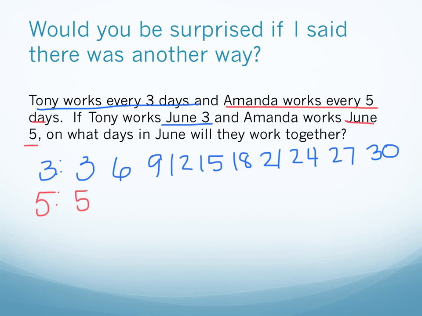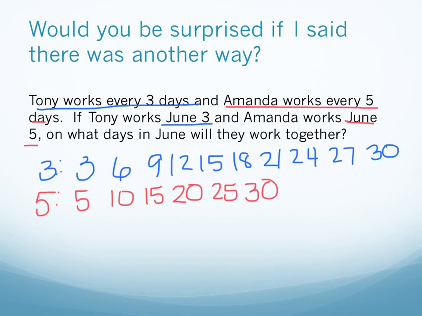For Amanda, I'm going to list multiples of 5, and again, I'm going to stop at 30 since there's 30 days in a month. 5, 10, 15, 20, 25, 30.